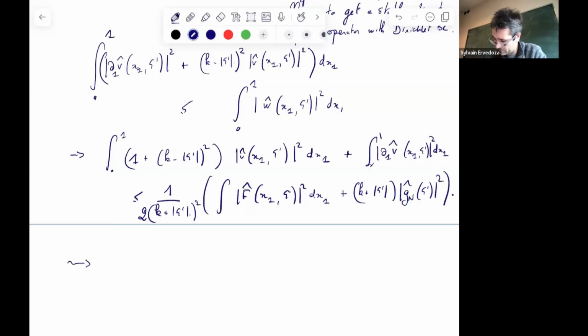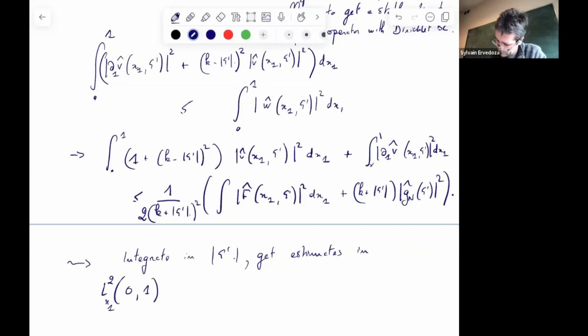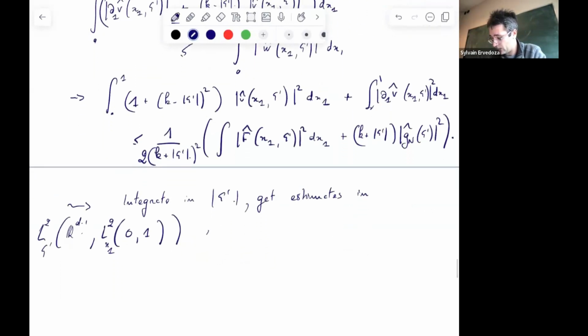And so then you can integrate in ψ′, get estimates in L2 of x1 in (0, 1) and L2 in ψ′, which will be L2 in ψ′ with values, with some weight function, of the functions v̂ and f̂.